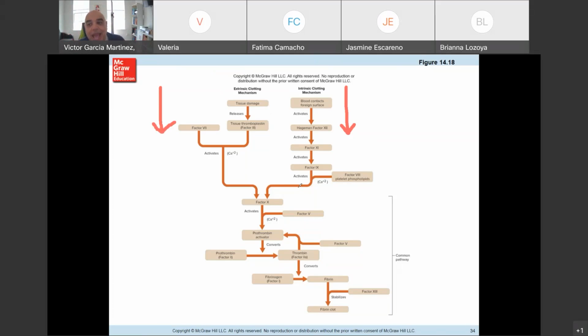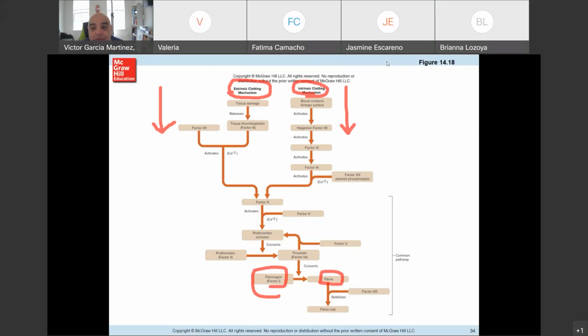Then you can activate your coagulation because of the intrinsic mechanism, which is an internal damage of the blood vessel, or you can activate the clotting mechanism because of a wound or an external damage. Finally, the most important step is going to be fibrinogen becoming fibrin. But for the exam, you need to know you have 12 proteins.